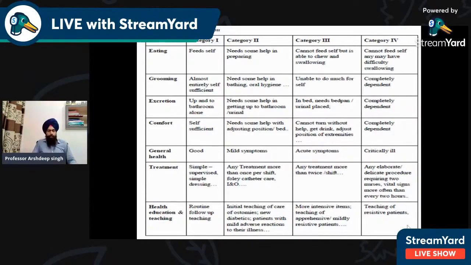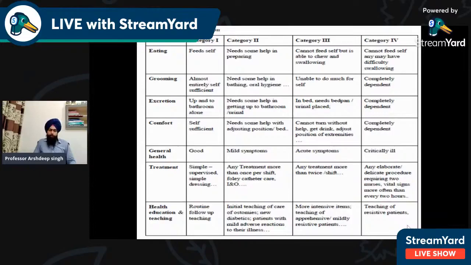Second, needs some help in bathing and oral hygiene, third, unable to do much for self, and last one is completely dependent. As you can see, category 4 is of those patients who are completely dependent on the nurse or another health professional for care.